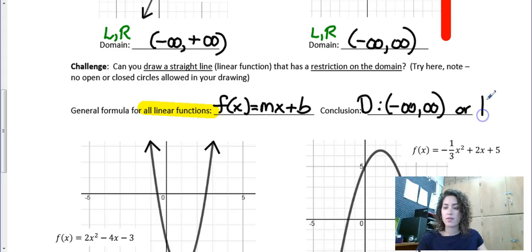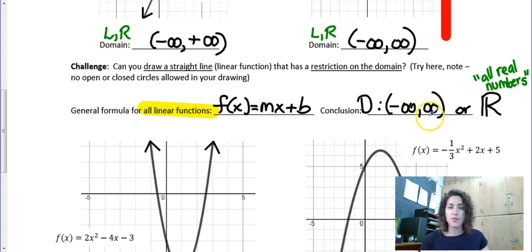The way that you draw that is two lines kind of close together like that, and then finish making an R symbol, like so. That symbol means all real numbers. So you have an option between using -infinity to positive infinity with interval notation or using the all real numbers symbol.